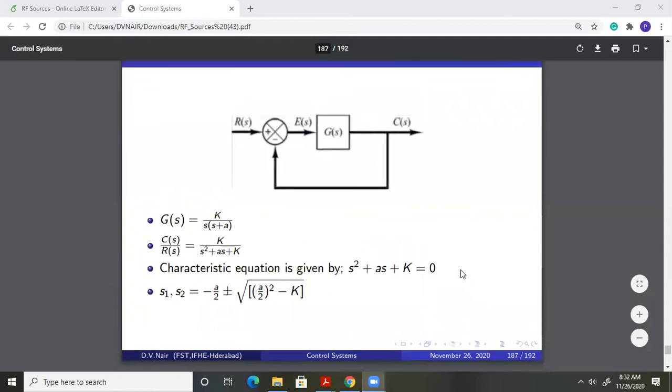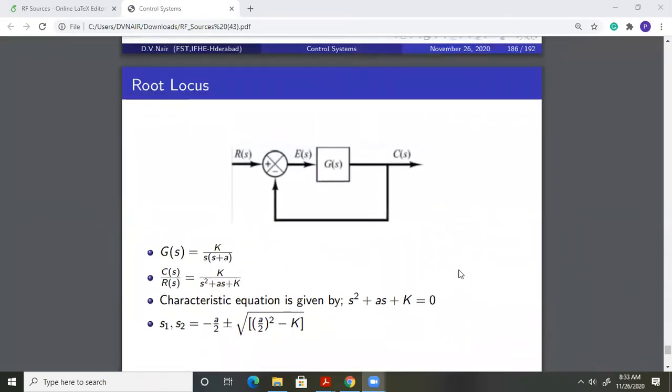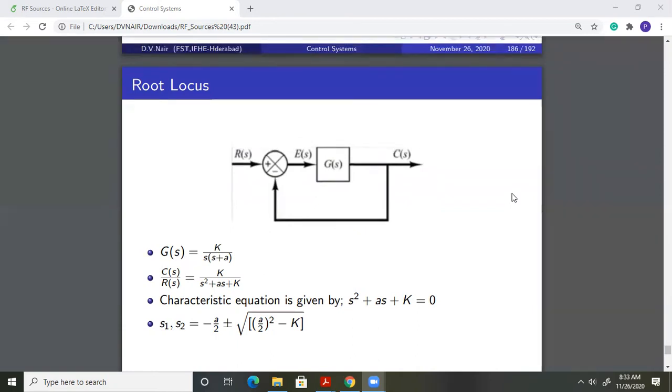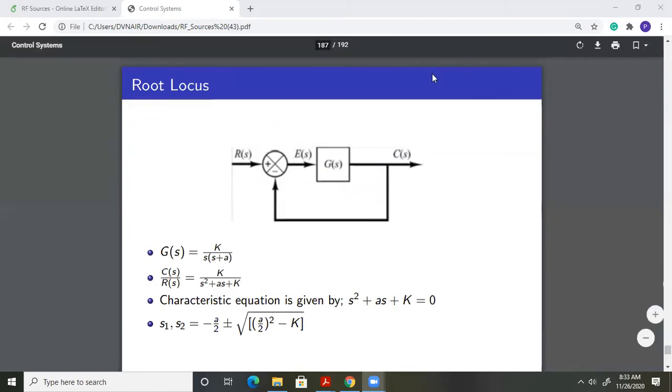Let us see, for a unity feedback control system, if we have a second order open loop transfer function G of S given by this, what will be the root locus? In a simple way, without getting started with the rules and techniques of generating a root locus, let us understand it for a second order system.